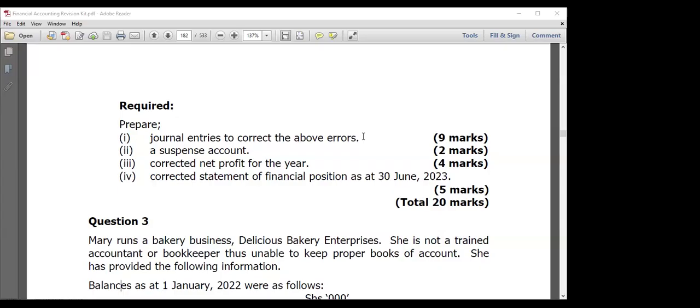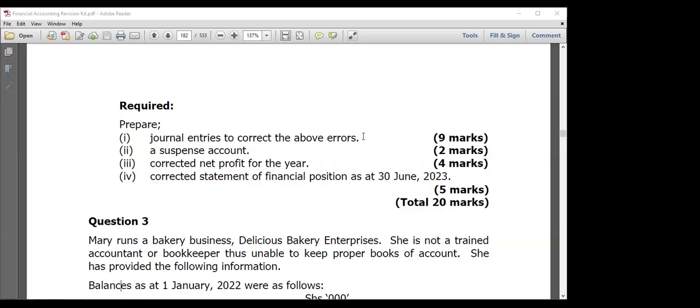And then the other question was, when they say prepare journal entries, do they mean in the same format as the general ledger, and when they say prepare accounts, do they mean T accounts? So when the scenario says prepare journal entries, it is like what we have just done for correction of errors. It's like a list. You show what you're debiting and what you're crediting for every scenario.